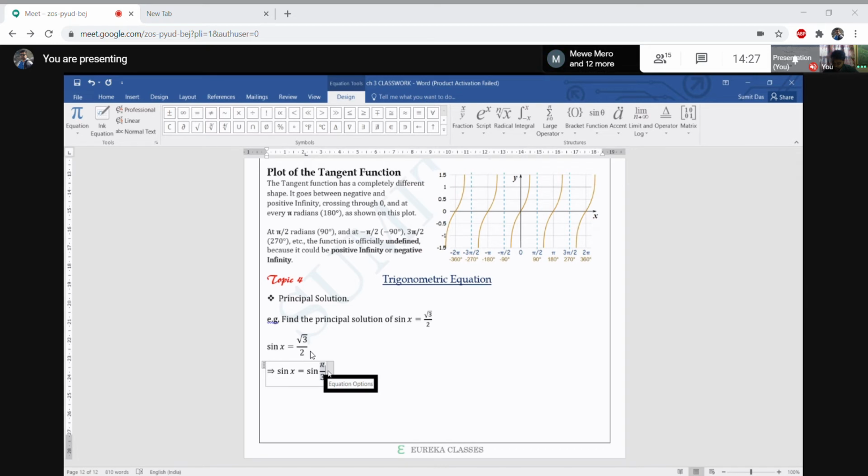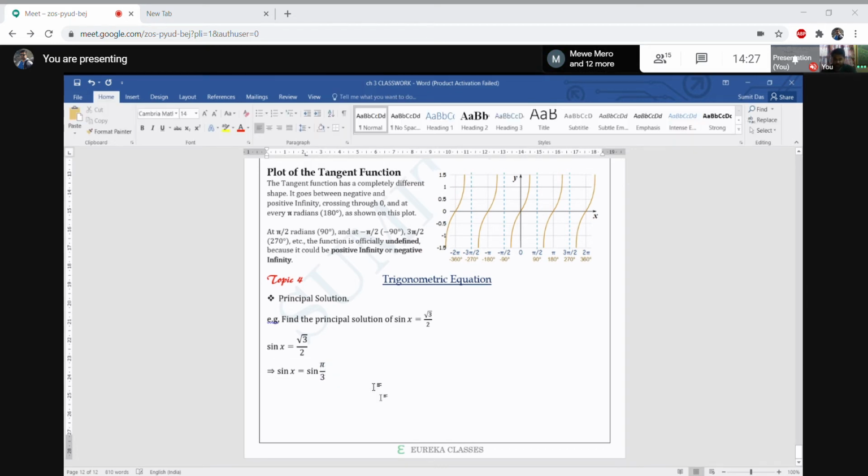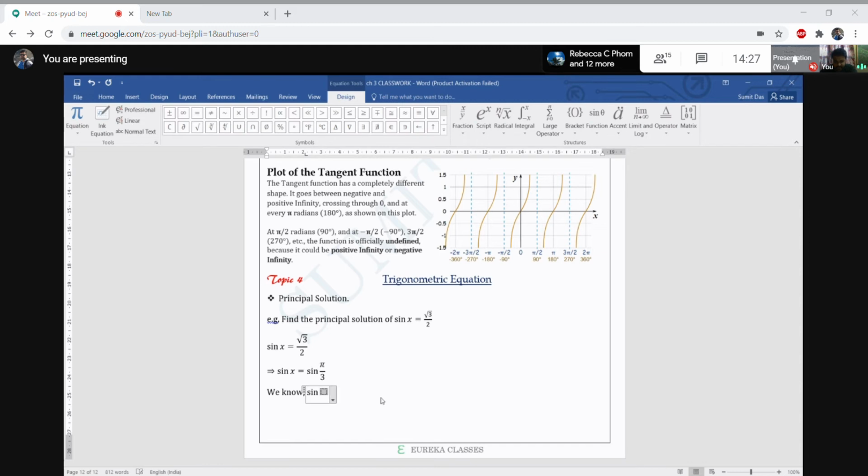We also know that sin x equal to sin pi minus x. Therefore x equal to pi by 3.